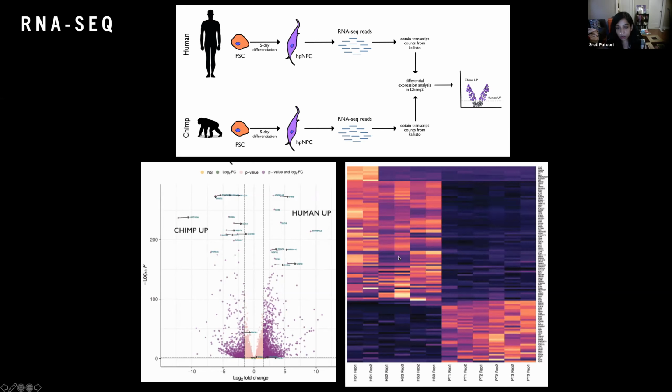That is some of the quantitative data that we have, and we were able to graph it in this way. Everything up here is more highly expressed in these 6 samples, which are our human samples. Everything over here is much more highly expressed in our chimpanzee samples. That's a little bit about one possible RNA-seq experiment, what the data might look like, and what you can do with it.